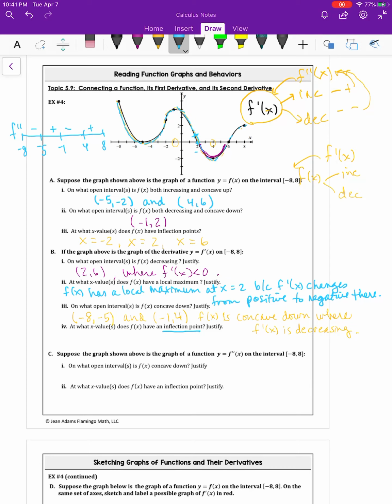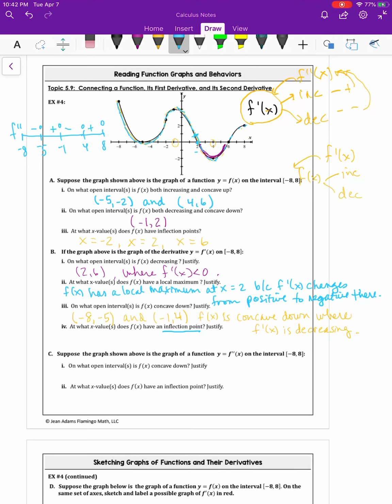And then positive, positive, positive, positive, positive to 8. And at 8 you have a slope of 0. At 4 you have a slope of 0. At -1 you have a slope of 0. And at -5 you have a slope of 0. Okay, so you can put those on there if you want to. Those would be your critical points.